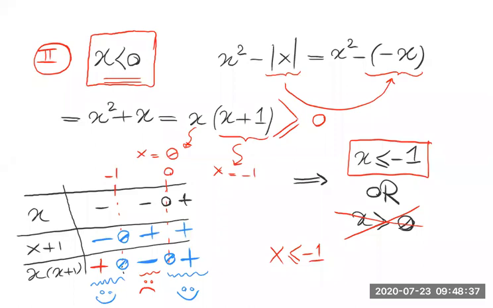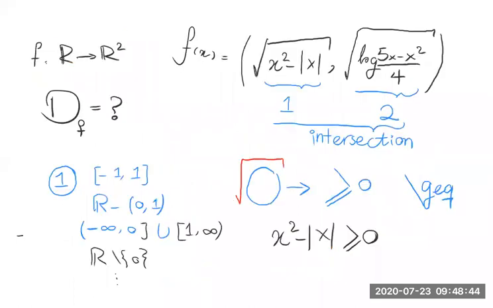Yeah, because you see, the original function, let's go back for a second. This is the original function: square root of x squared minus absolute value of x. The problem is that you can't really work with absolute value.